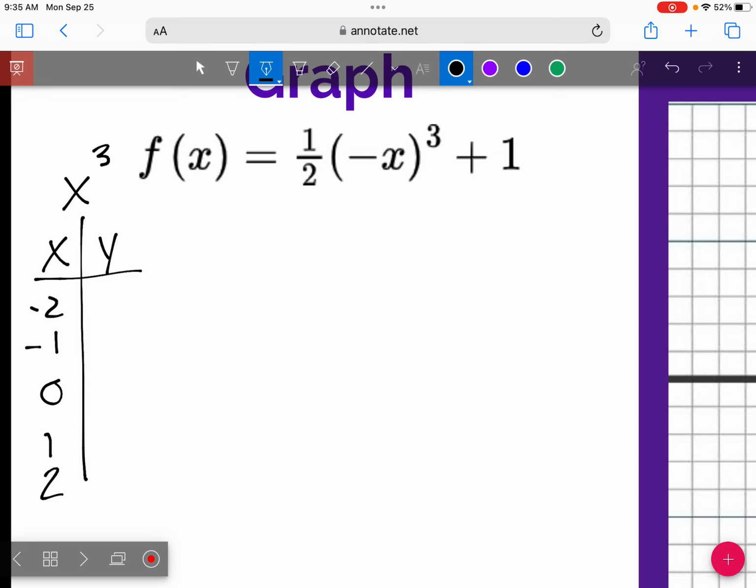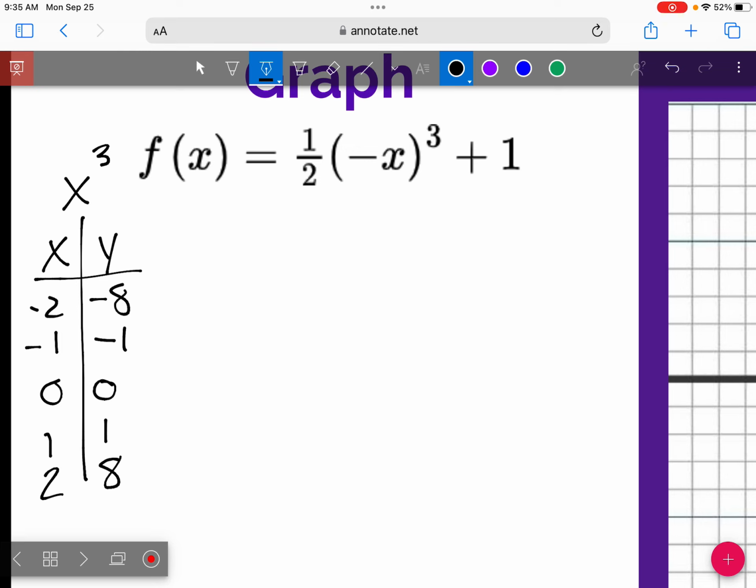For my y values, what is -2 cubed? -8. -1 cubed. 0 cubed. 1 cubed. And 2 cubed, 8. So that's our parent function for the cubes.